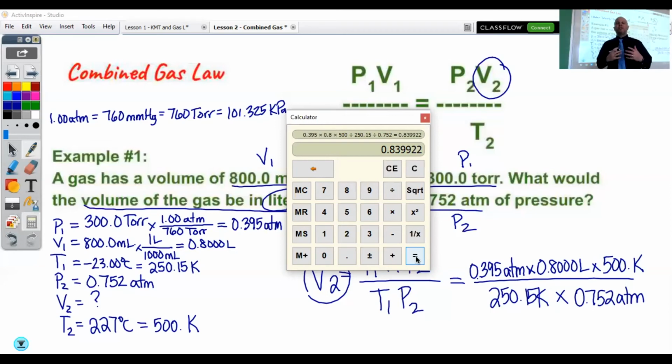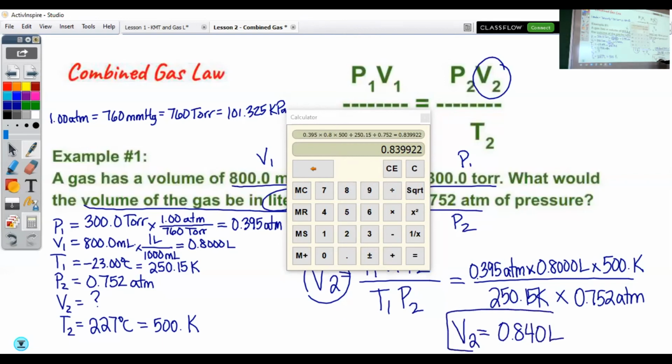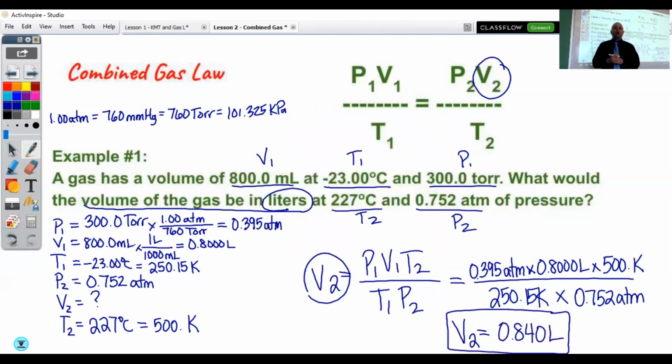But if you don't do either one of those things, your calculator is going to divide by 250, and then it's not going to realize that you want to also divide by the 0.752, and it's going to end up multiplying by that, and you're going to get a really big answer up here. So in this case, we wind up with our volume 2 equal to, we're going to go with 3 significant figures here. So 0.840 liters.